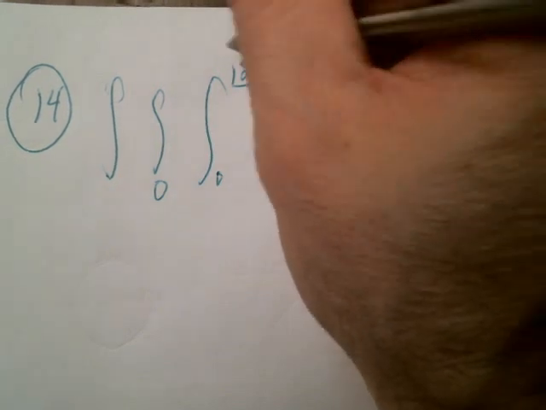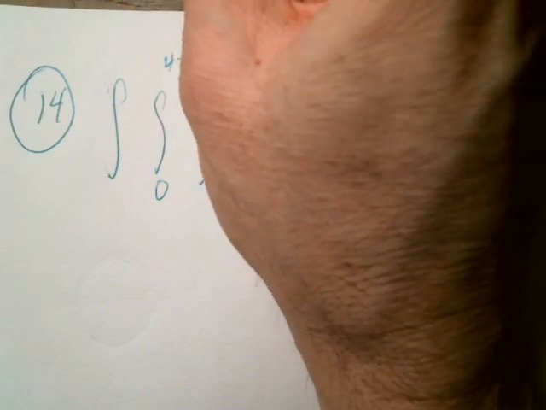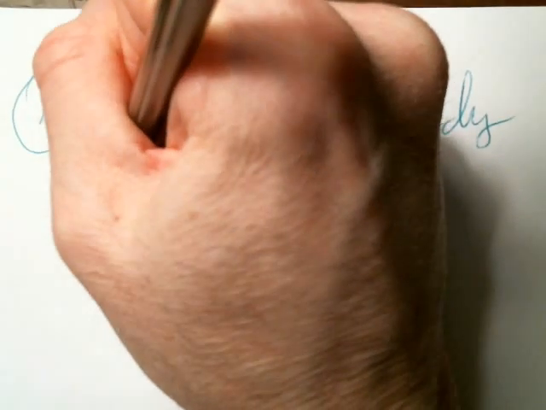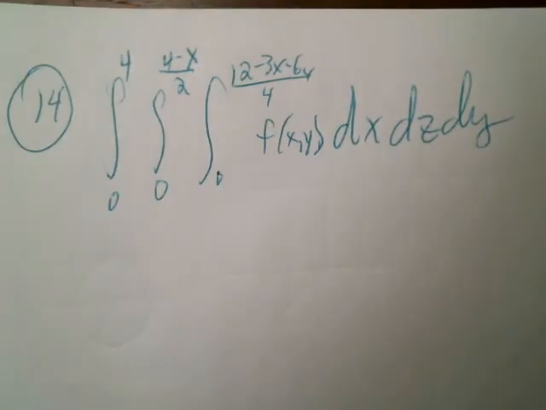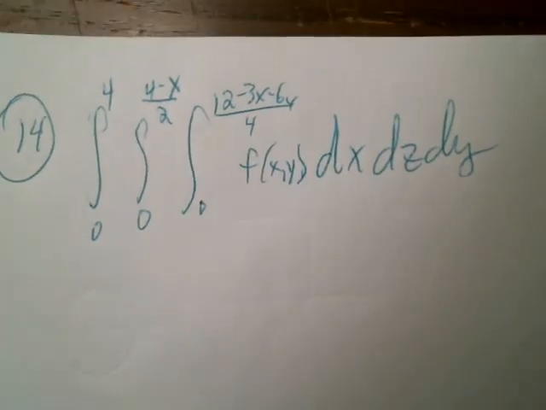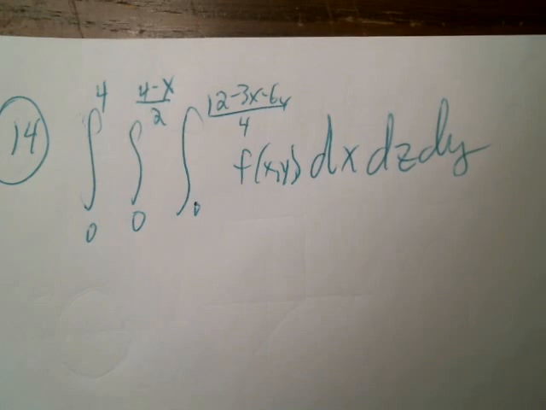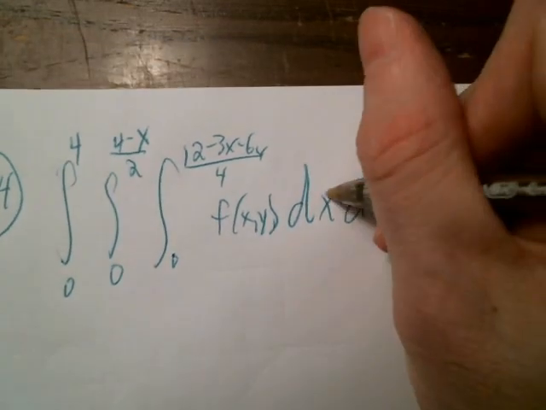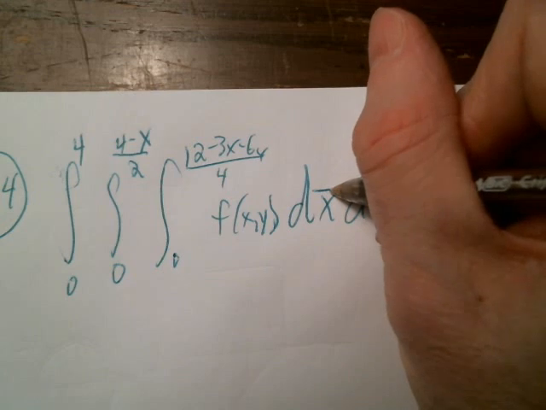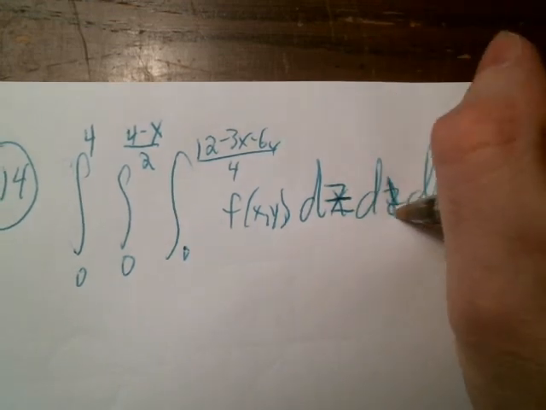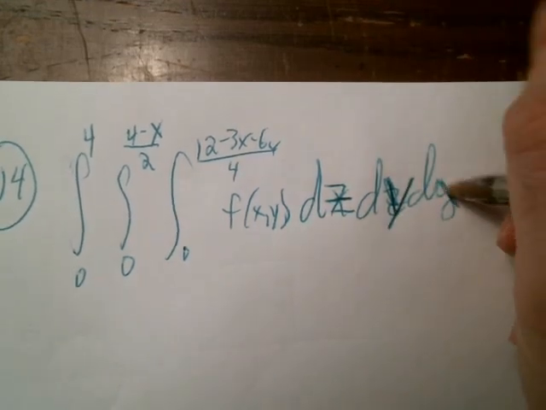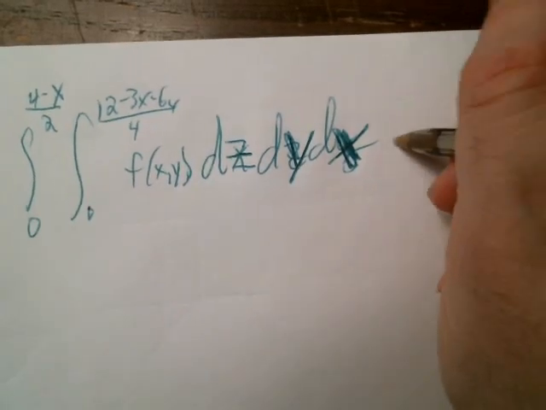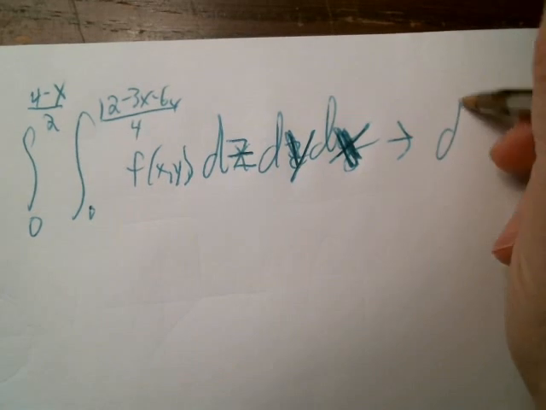Okay, and then 0 to 4 minus x all over 2. And then 0 to 4. Okay. And I need to kind of reorder it in the order of x, z, y. So sorry, this is the part that's wrong. Originally, it's given in z, y, and then x. Okay, sorry about that. And I want to go to x, z, y.